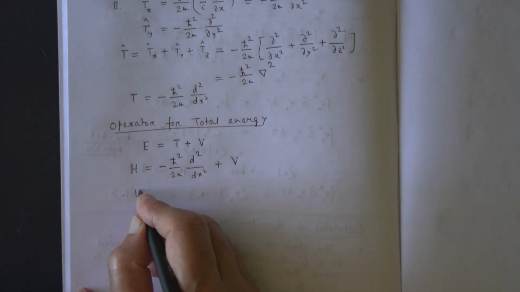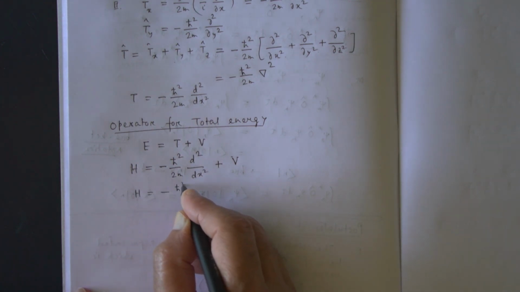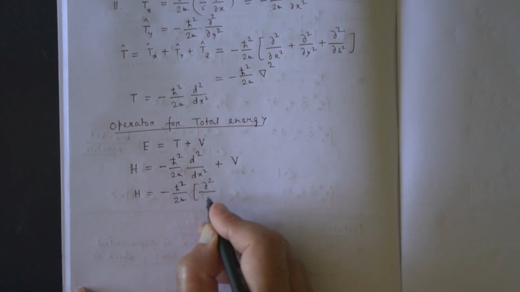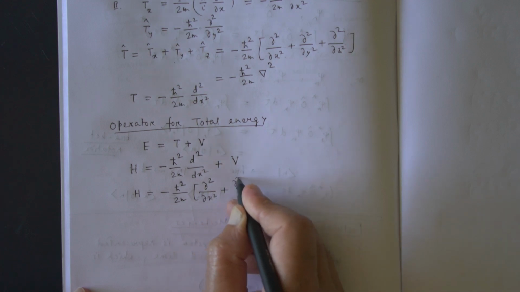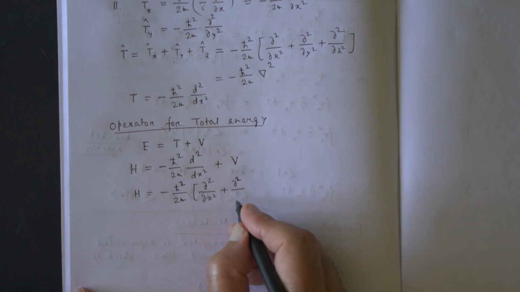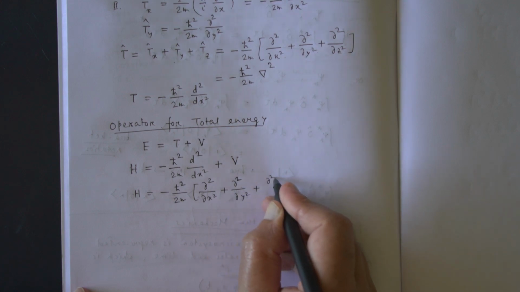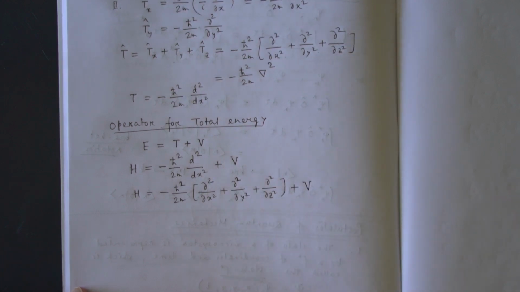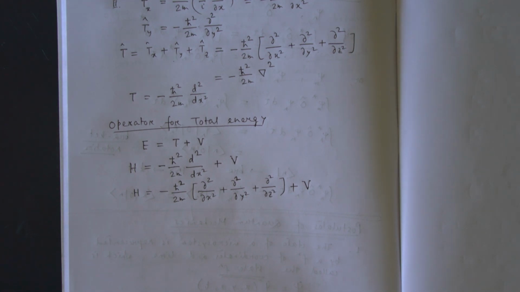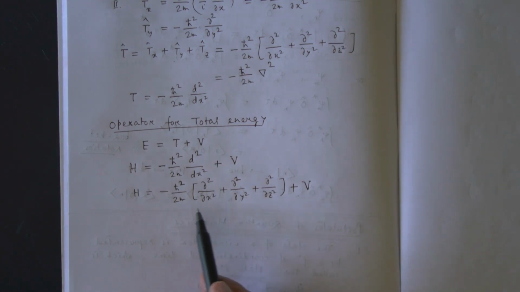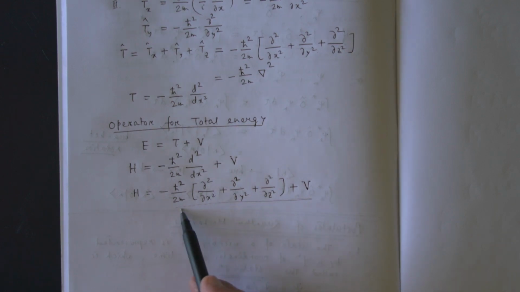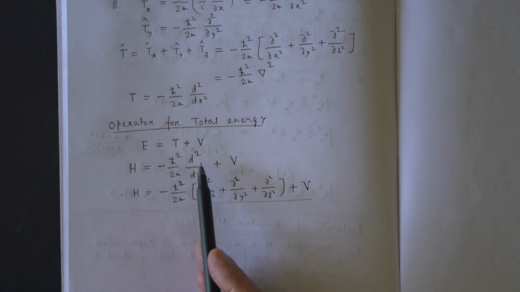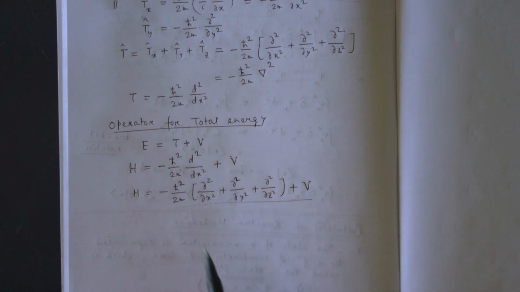Similarly, in 3 dimensions, the Hamiltonian operator will be minus h bar square by 2m times the Laplacian, using partial differentiation, plus potential energy V. If we consider only one dimension, we do not use partial differentiation.